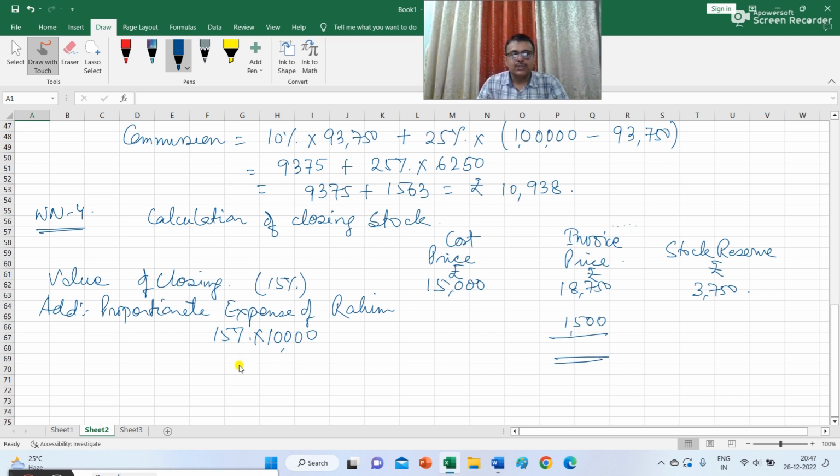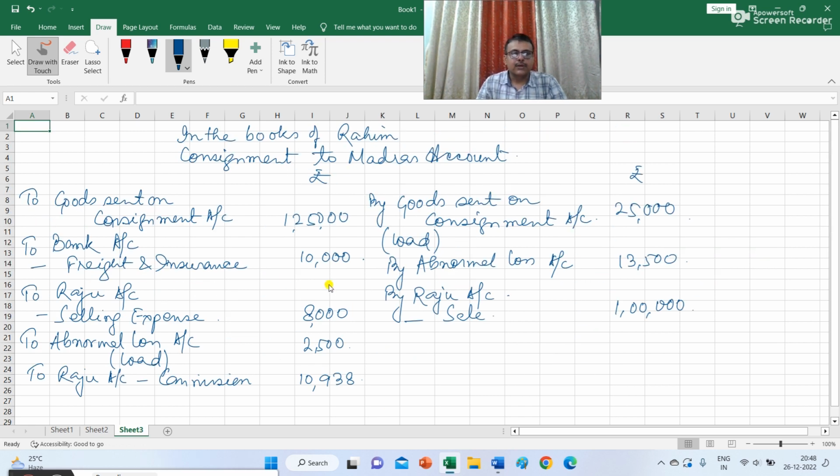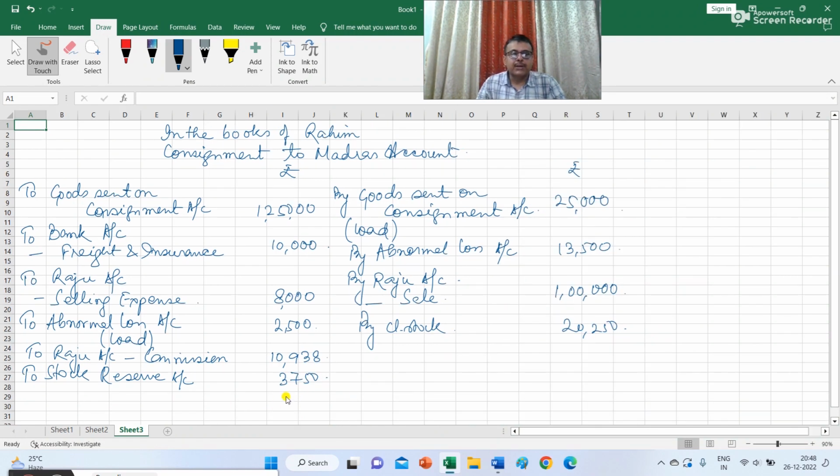So the value of closing stock is 20,250. So in consignment account, you can write by closing stock 20,250, and on the debit side I have to write to stock reserve account 3,750.